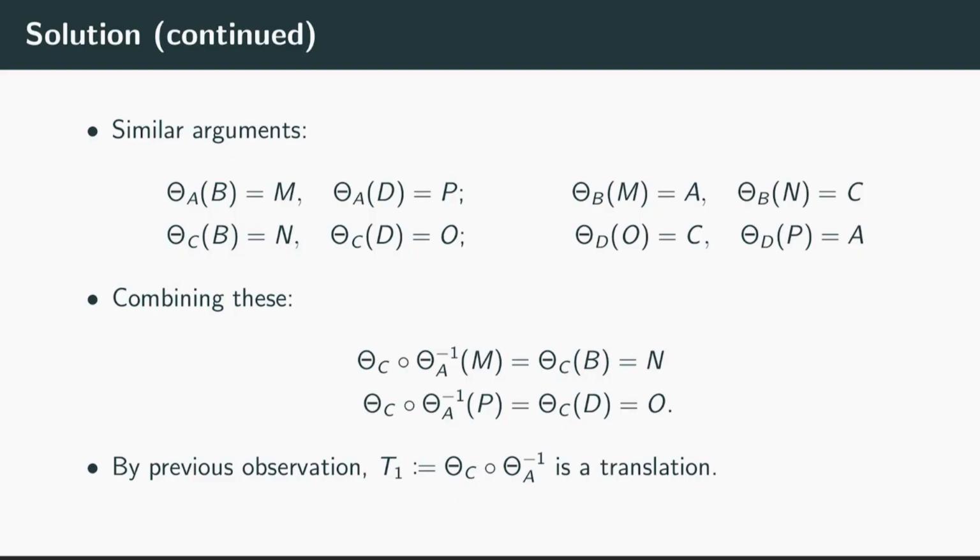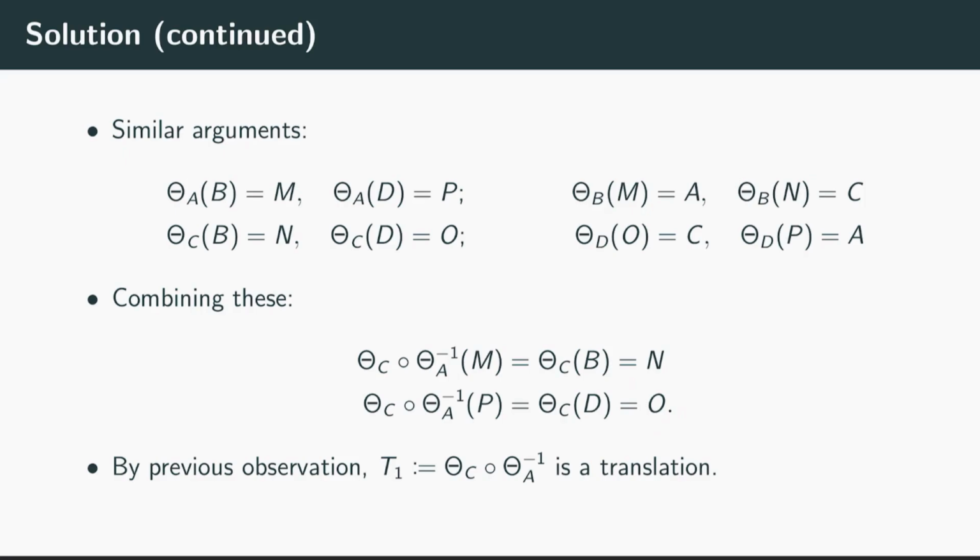And then here, if I do theta A inverse of P, from that identity I get the point D, and then now I look at theta C of D, well, that gives me the point O. But by our observation that we just made a few moments ago, the composition of theta A inverse followed by theta C is a translation. I don't care what the vector of the translation is. It's just some kind of translation.